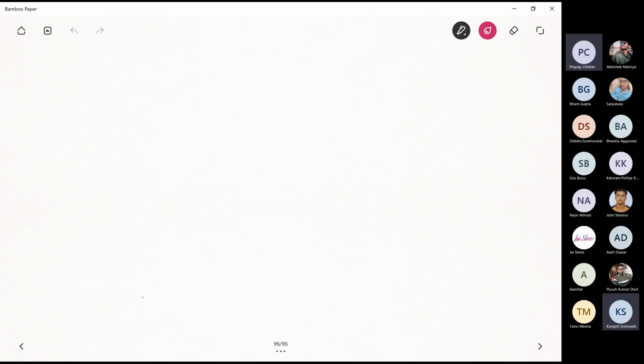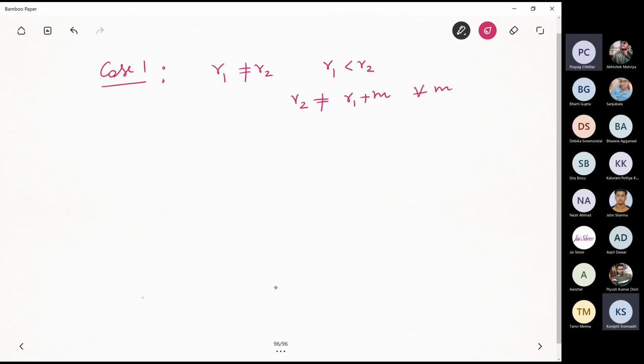There are three cases, right? See, there are three cases. Case one is when there are distinct roots, R1 is not equal to R2. And moreover, if I write R1 is less than R2, then R1 plus R2 is not equal to R1 plus some number, it's not equal for all natural numbers.